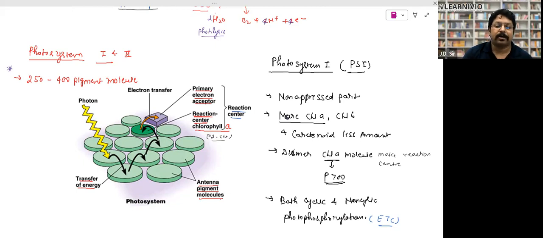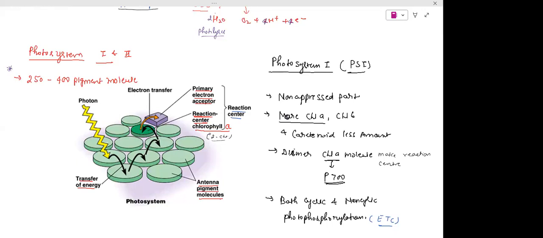That's why we call photosystem 1 as P700 and photosystem 2 as P680. Is that clear? Yes, sir.